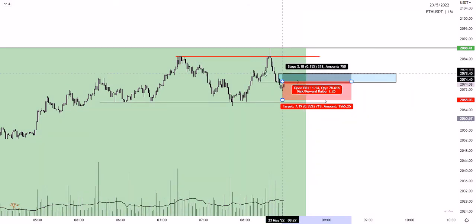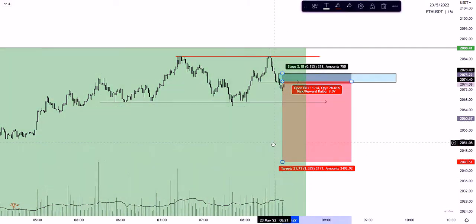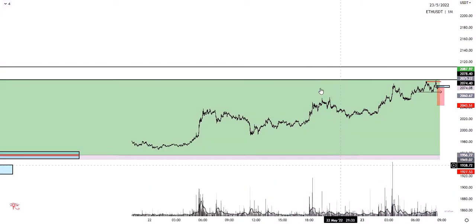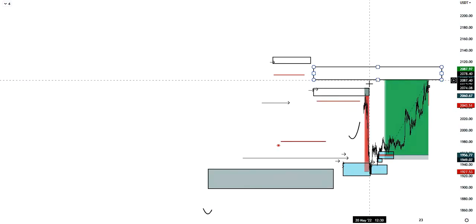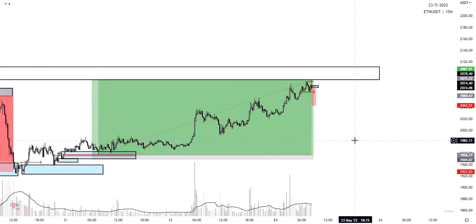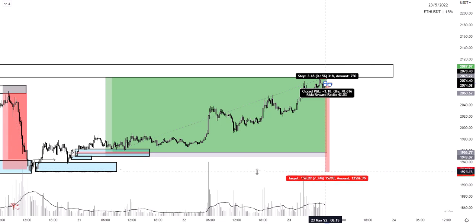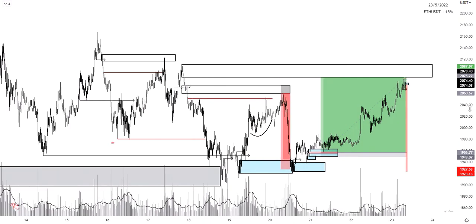I shorted with stops over my zone. Now look to take it in discount of this swing move, as well as my lows created.